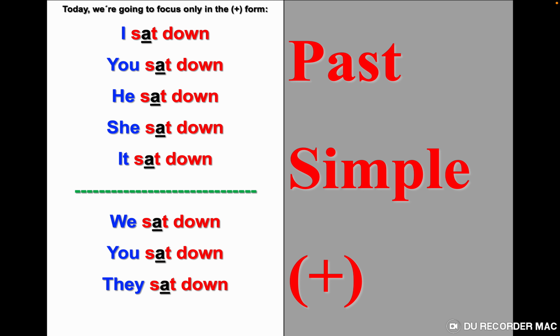We sat down. You sat down. They sat down. The same thing with this verb. So if you write in the negative, I didn't sat down, it's not correct. In the question, if you write, did you sat down, it's not correct. So I'll give you the three forms of the verb. I sat down. I didn't sit down. Did you sit down? Let's go to the next verb.